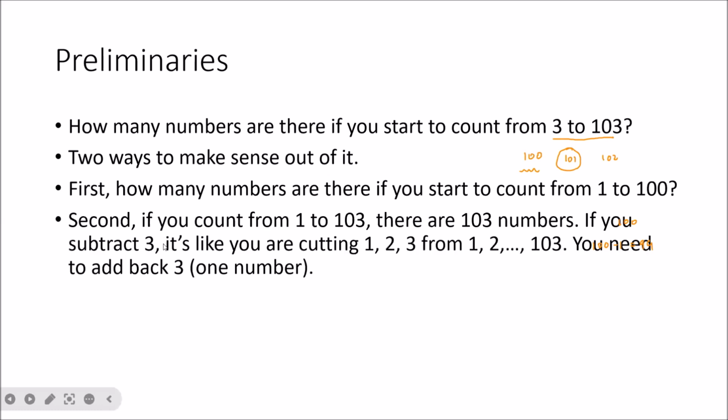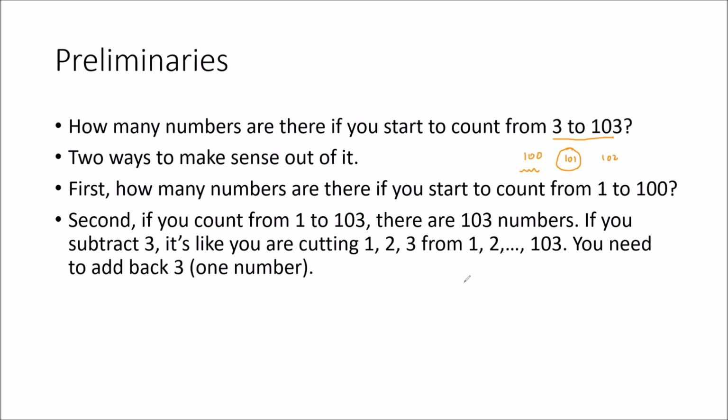Now, another way of thinking is that if you count from 1 to 103, there are 103 numbers, that's no problem. Now, if you subtract 3 from 103, it's like you are cutting 1, 2, 3 from 1 to 103.